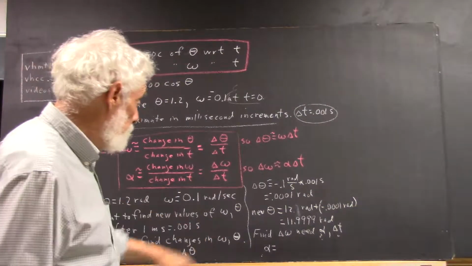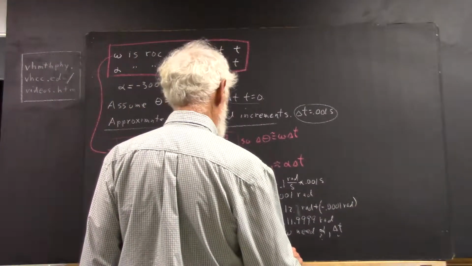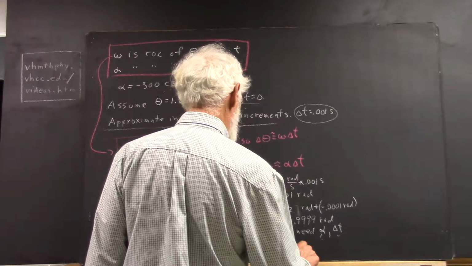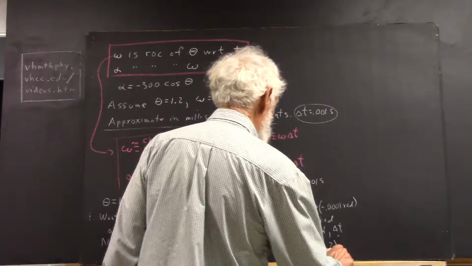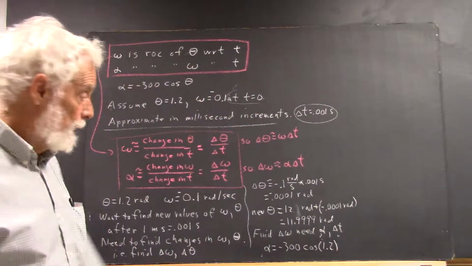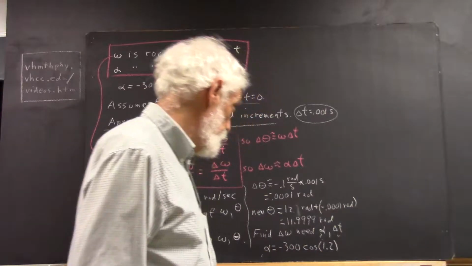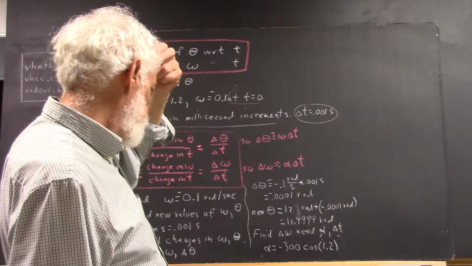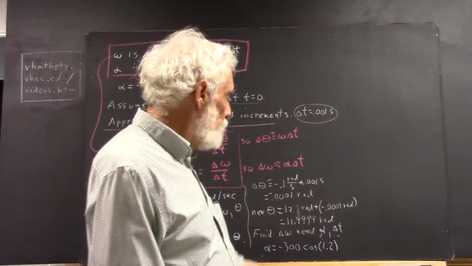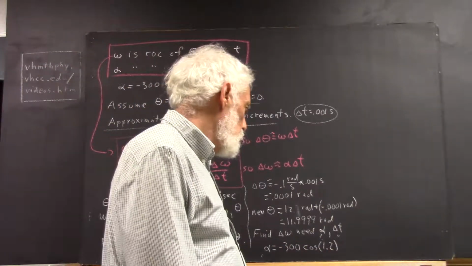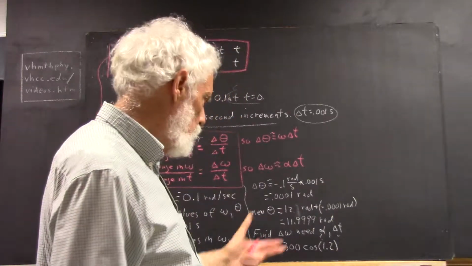So alpha is going to be negative 300 times the cosine of 1.2, and that's going to be 1.2 radians. Now the cosine of 1.2, that's going to differ by 0.3, so it's going to be pretty close to 0.4.